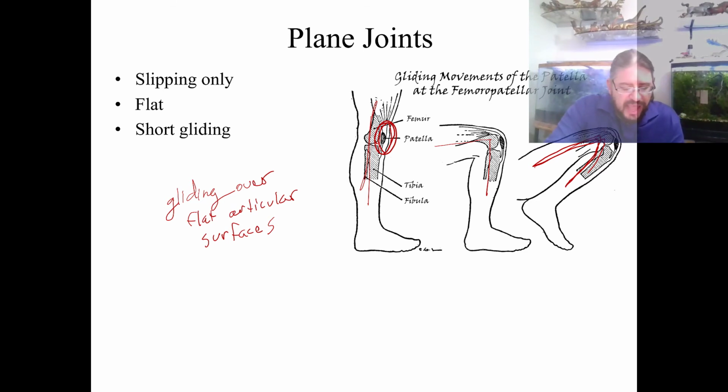When your lower leg is fully extended, your patella rides higher up on the femur. And then when you flex your lower leg, the patella is pulled, gliding down from the femur over the synovial cavity to protect it better. So kind of cool right there.